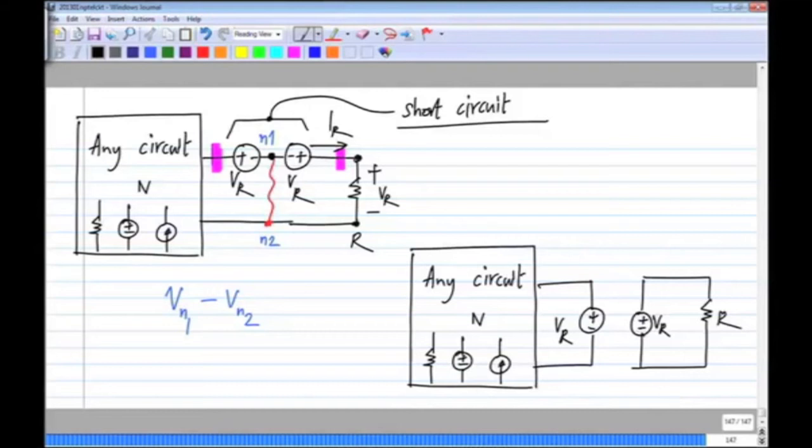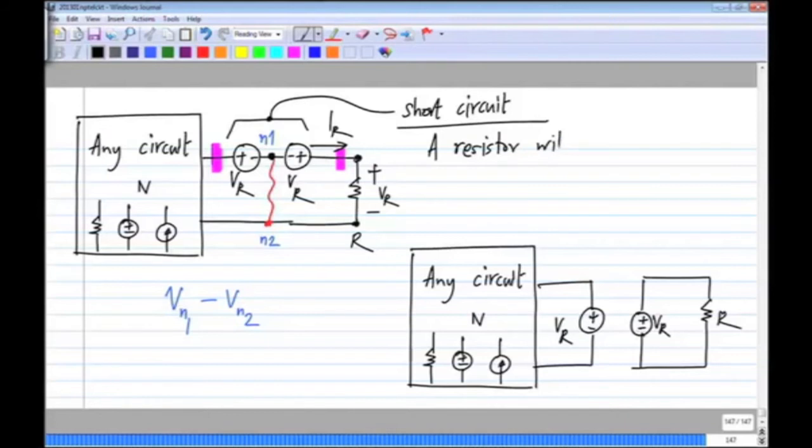So what we have done is that the resistor which was across these two terminals has been substituted by a voltage VR, where VR is the actual voltage across the resistor in the circuit. So this is another variant of the substitution theorem.